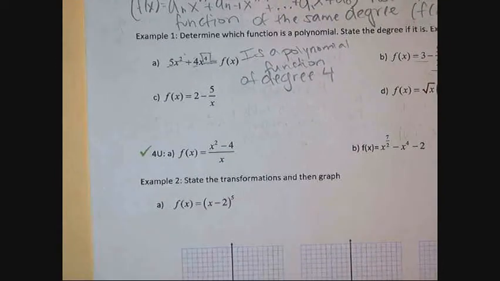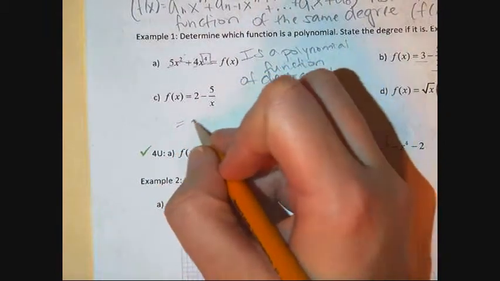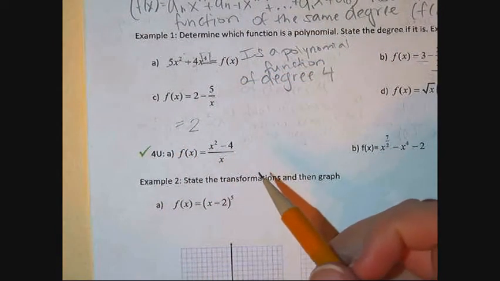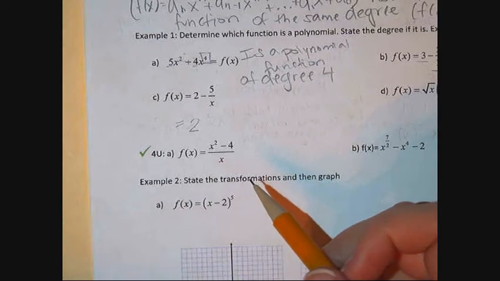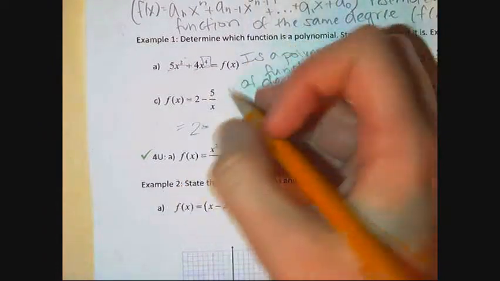Let's move on to C. So C, we have f of x equals 2 minus 5 over x. Right now I can't really see the exponent of my x value because it is being divided. However, we know that we can rewrite this. We know that dividing by an x is the same as giving that x a negative exponent, so taking the reciprocal of this.